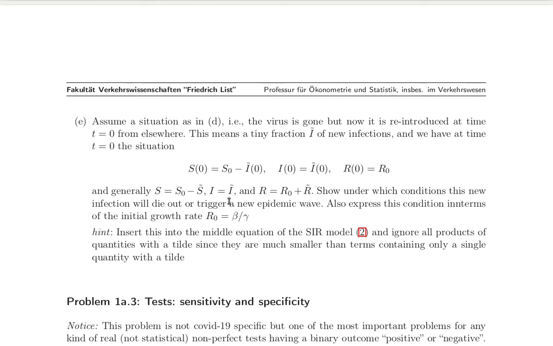So there's also a hint because we want only to look at the beginning. We are not interested in the situation where the small initial perturbation grows to a sizable amount, so we can ignore all products of quantities with a tilde, because they are much smaller than quantities with a single tilde.